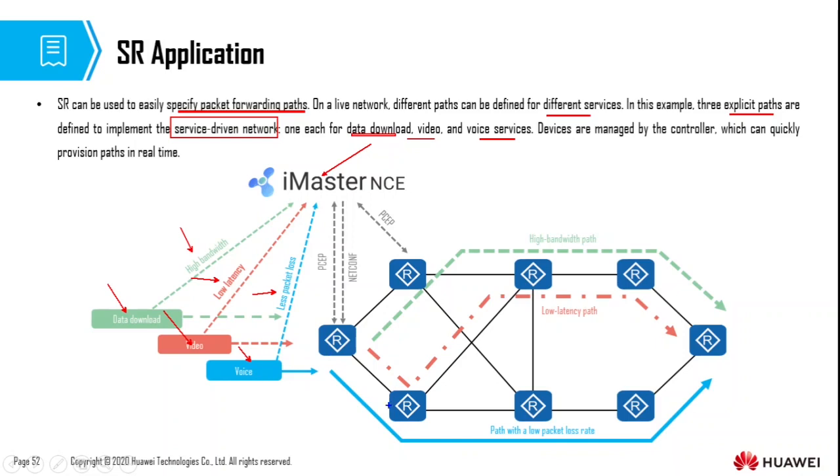So for example, as you can see here, for data download, or for voice, we can see that it's passing through this channel. You can see that it's passing through here. Then, for example, for video, we want a low latency path. Then that is being done through this path.